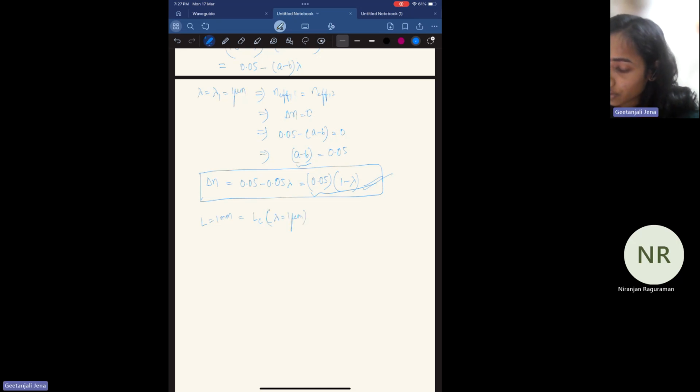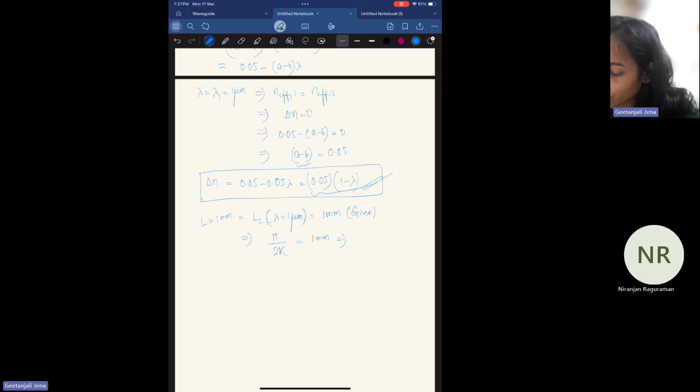So whatever information is given, try to use that to get some values of the parameters that can be useful to you. LC is given. So you can write it as pi by 2 kappa, which is 1 mm.